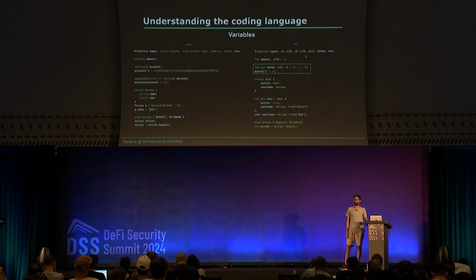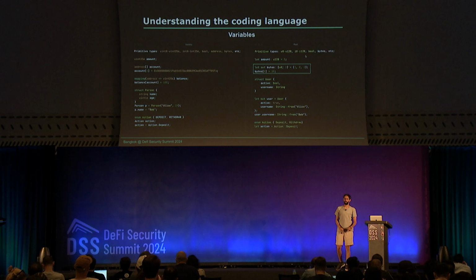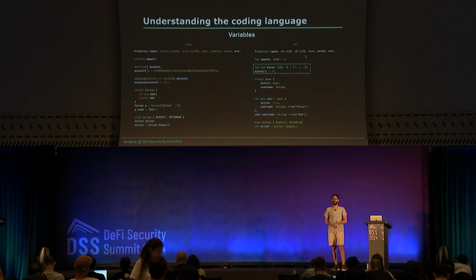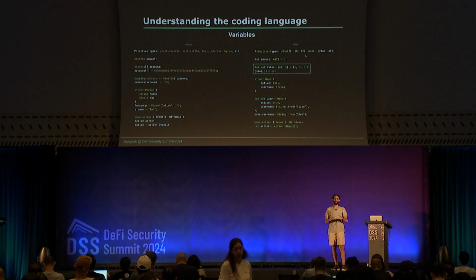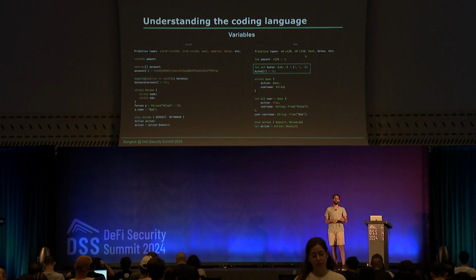You use the keyword let, and then put the name. Then next is the type and the amount, and the value that you want. So if you want to declare an array, you need to use the let, and the mut keyword in this case is used to let the variable be changed.